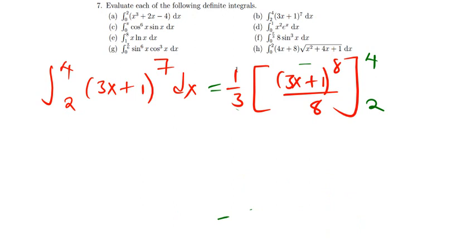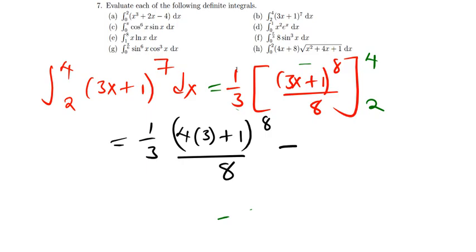So yeah, that is question B. And so that would be 1 over 3 outside. Substitute your 4. That would be 4 multiplied by 3 plus 1, raised to the power 8 over 8, minus, distributing the 2, 3 multiplied by 2 plus 1 over 8.